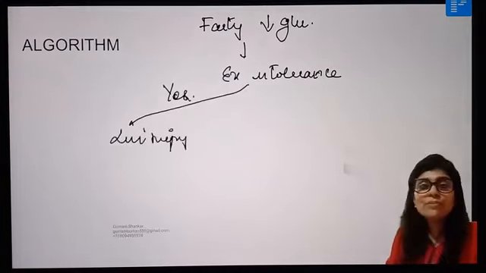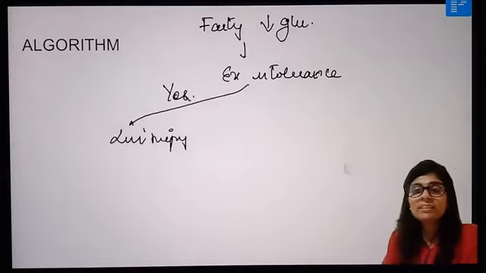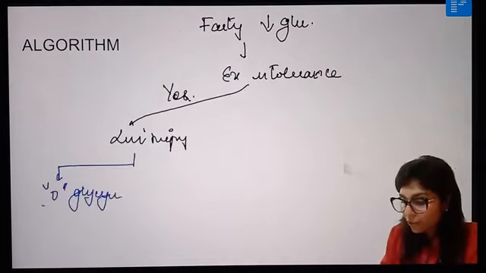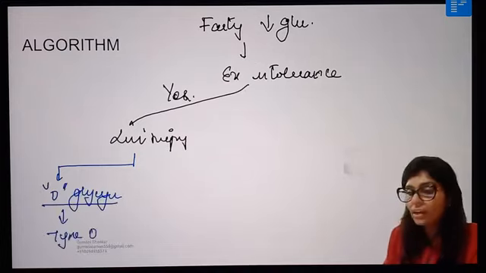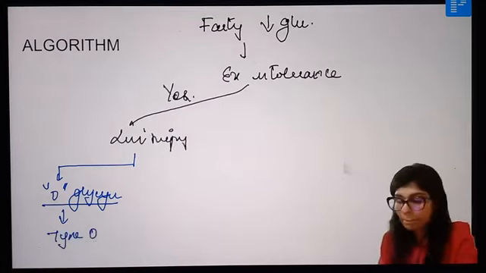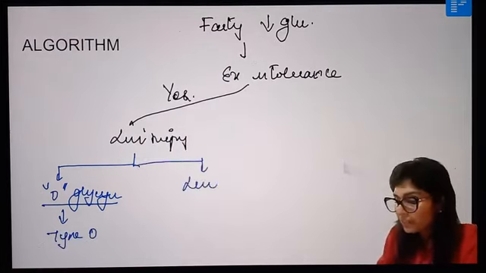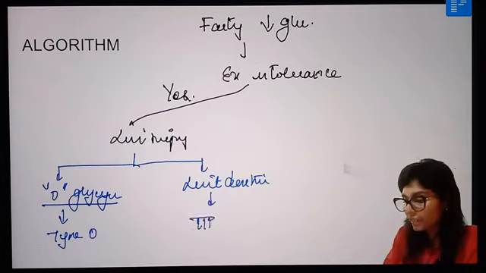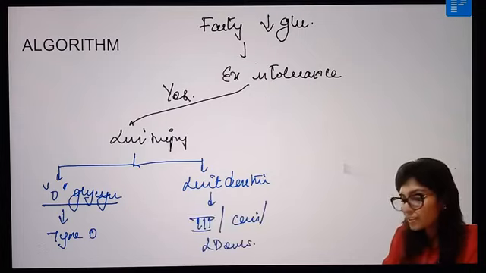I said whenever there is fasting hypoglycemia and exercise intolerance, you should take a liver biopsy. If liver biopsy reveals 0 glycogen, can you tell me what is your diagnosis, all of you? If liver biopsy reveals 0 glycogen, it is type 0 or glycogen synthase defect. If liver biopsy reveals limit dextrin, what is your diagnosis? It is type 3 or Cori's disease or limit dextrinosis.